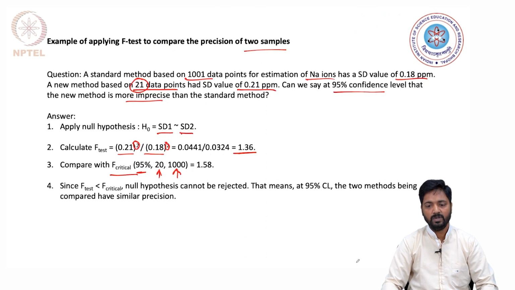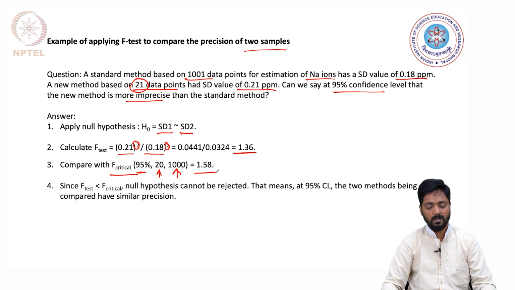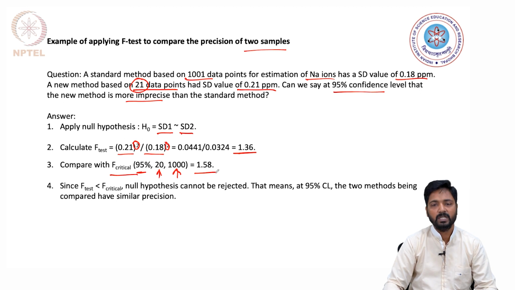1.58. When we insert this value here and compare the F critical value with the F test value, what we obtain is the test statistic is less than the critical statistic.